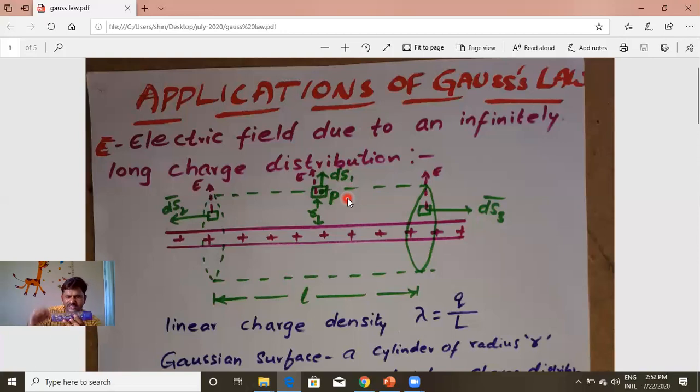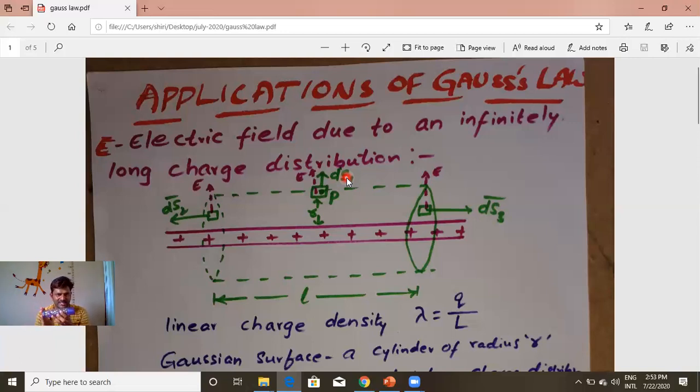I am taking a small element of area ds. At a time I cannot calculate electric flux over the entire curvature. So I am selecting at point P a small area ds1 on this curvature. Later on, I will calculate the electric flux coming out of this small element, and then I will integrate over the entire curvature. Then I will get the electric flux over the entire surface.